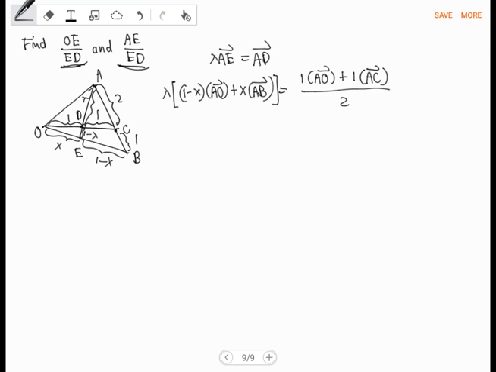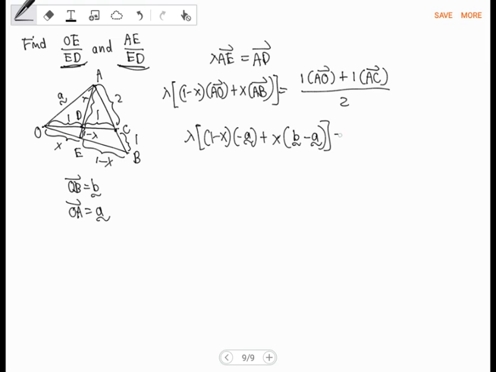Since OA is A and OB is B, lambda times 1 minus x, since OA is A, AO is minus A, plus x. AB would be OB minus OA, so it will be B minus A.